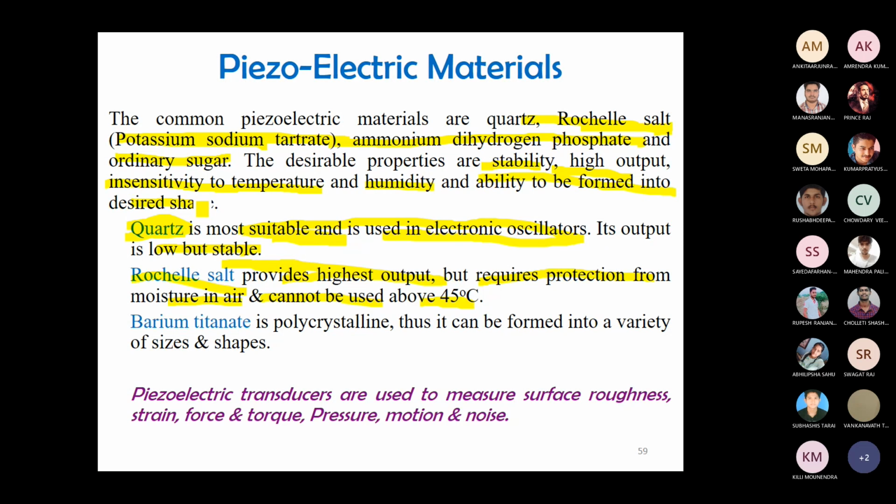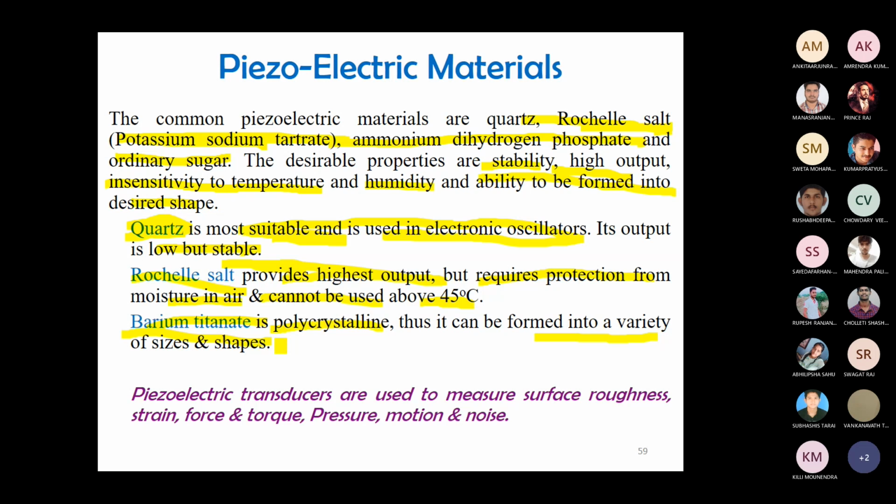Barium titanate is polycrystalline, so it can be formed into a variety of sizes and shapes, and you are able to use it for your applications.